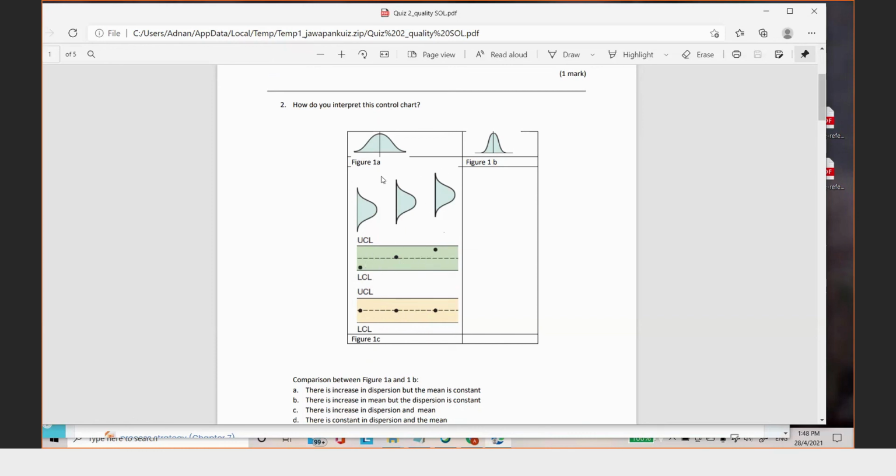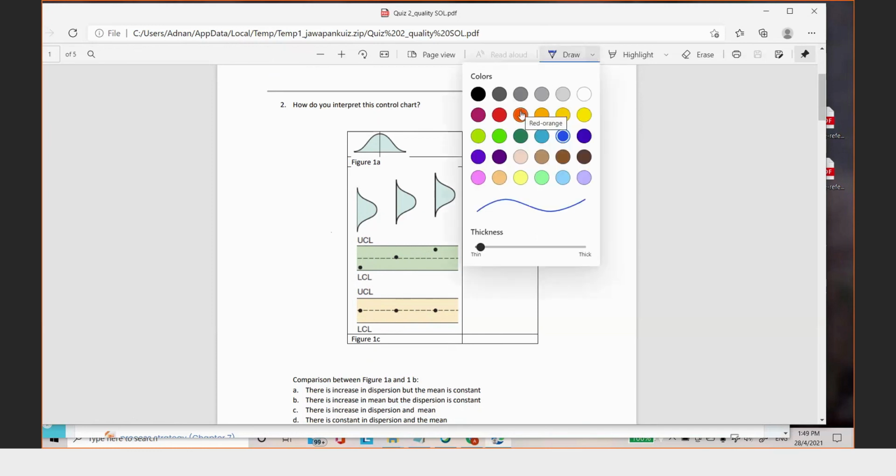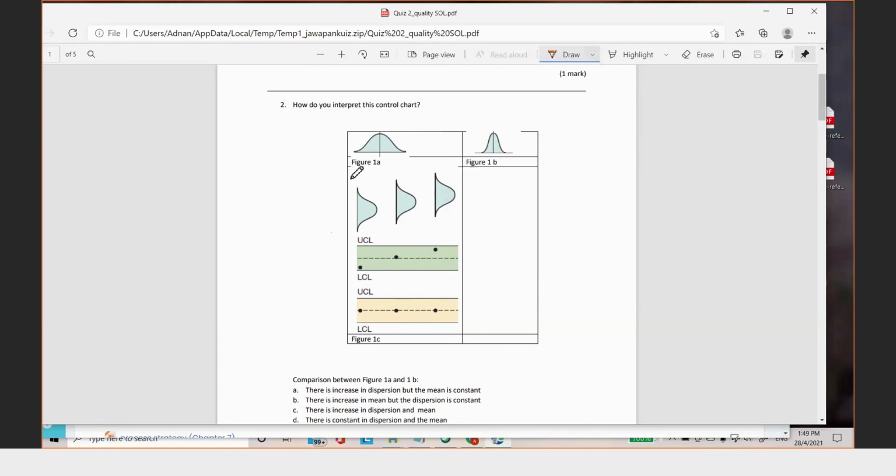Okay, 1C sebenarnya ditunjukkan oleh rajah ini. Okay, yang saya circle sekarang ni, itulah 1C. Apa sebenarnya berlaku related to project, related to the process here? Okay, apa sebenarnya berlaku di sini?